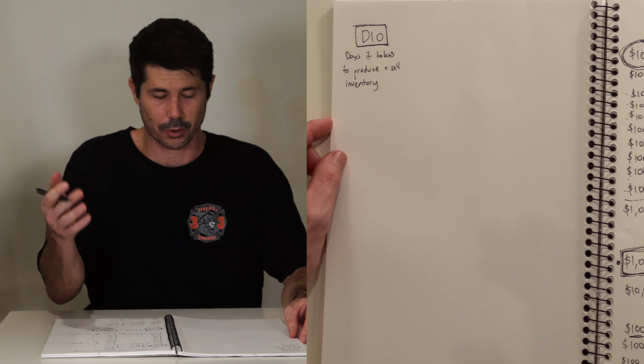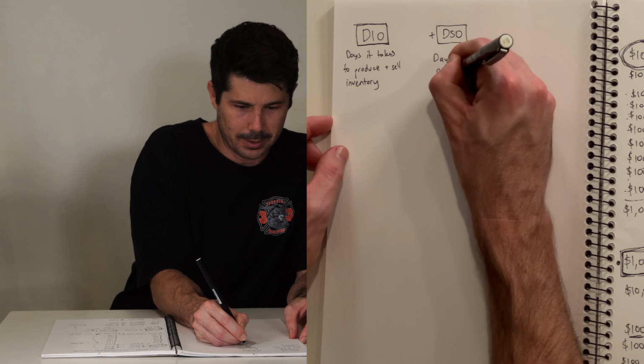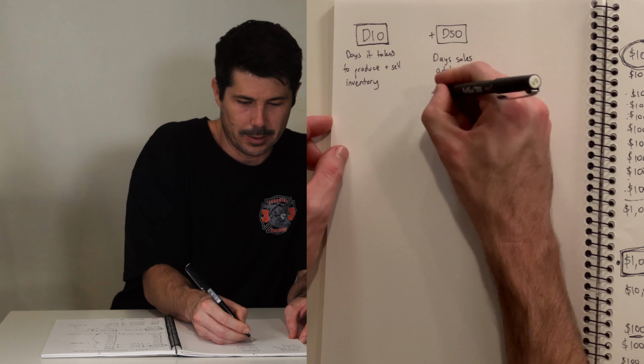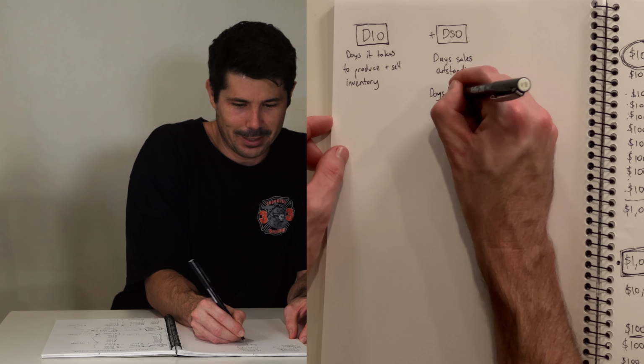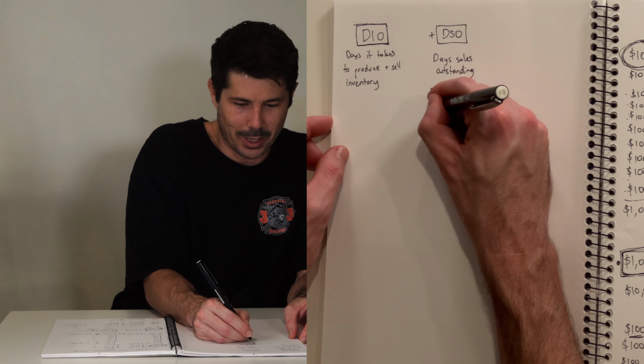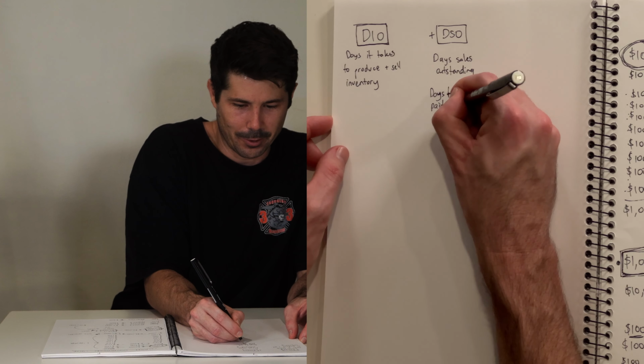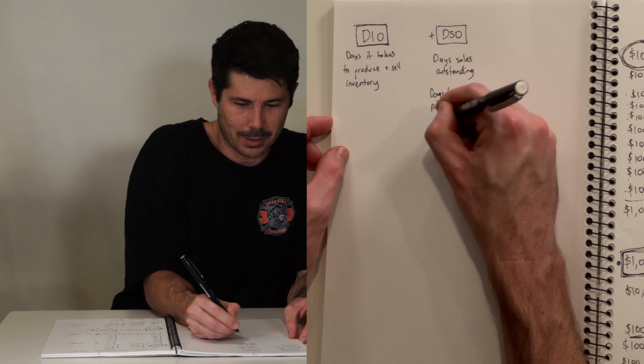Then you plus DSO, which is days sales outstanding. Basically days to get paid from customer.